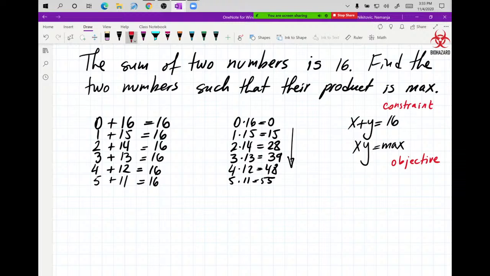The objective is always the one that contains min and max. Remember, your objective is maximum product. Your objective might be minimum cost, right? So you want the minimum cost, and you're going to say, oh, okay, that's my objective. Now, the other one is the constraint.